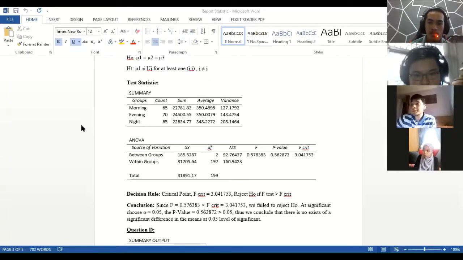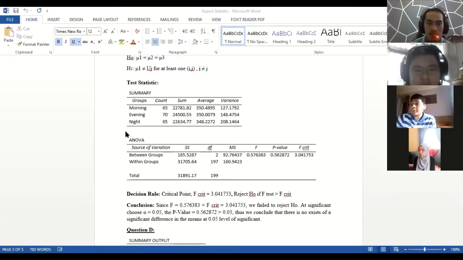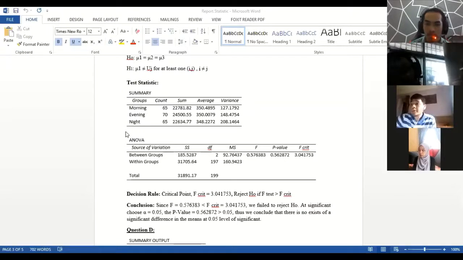After we get the mean square, we can find the F by dividing the two mean square values, and using Microsoft Excel we can get the p value and F critical. For the decision rule, the critical point is 3.041753, and we will reject H0 if F test is more than F critical.